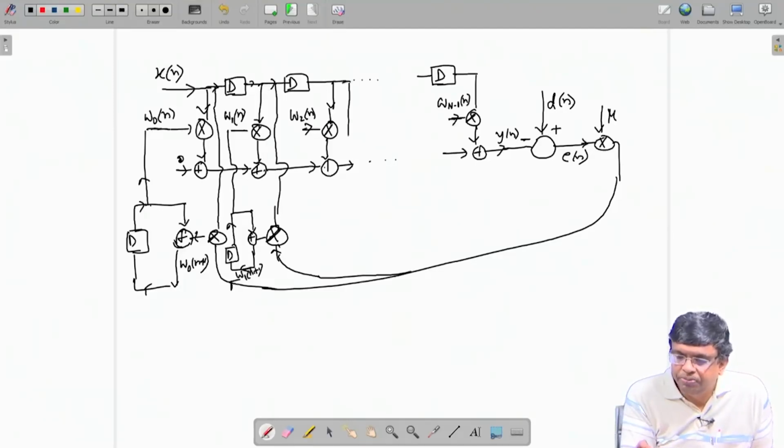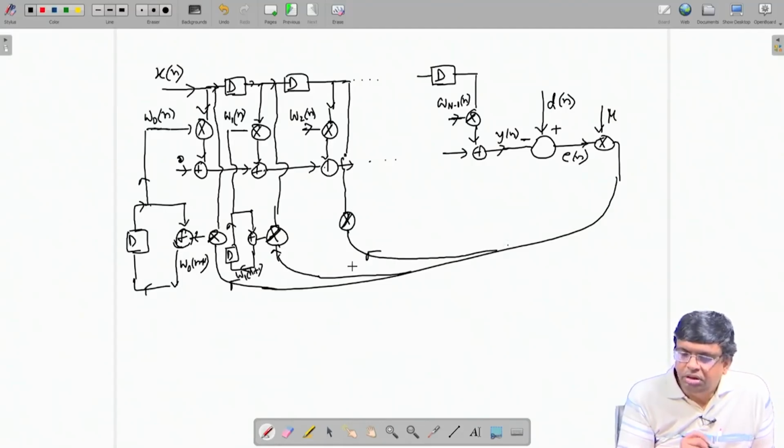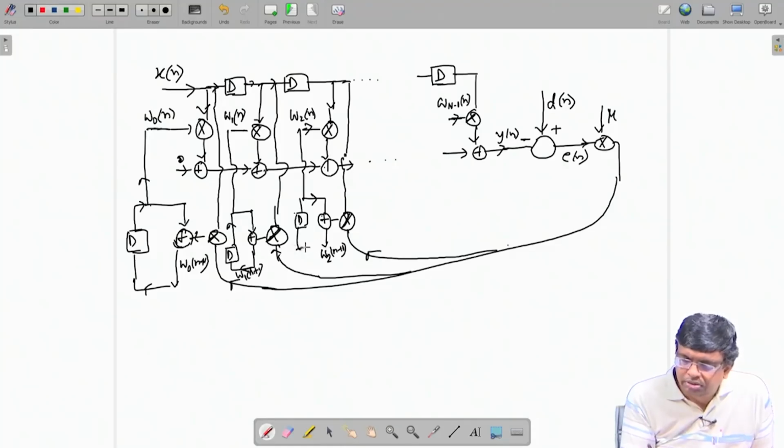So, from here you take a tap, same guy here, it gets added with W2 n, so this will be your W2 n plus 1, and again this will be put in delay like that.